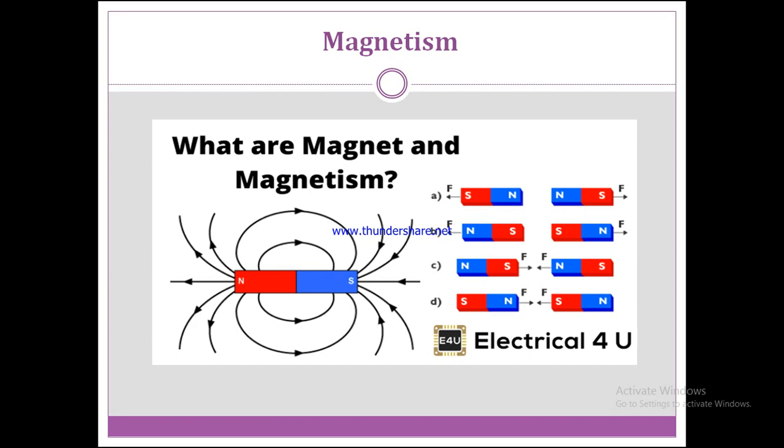The magnetic flux lines flow from the north pole to the south pole.